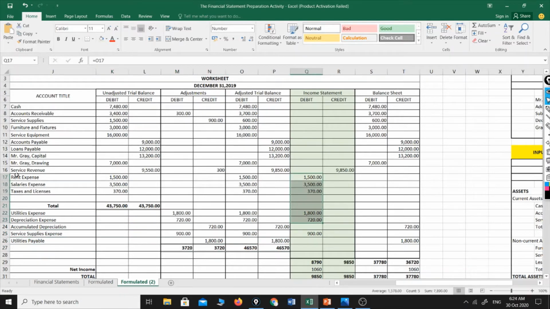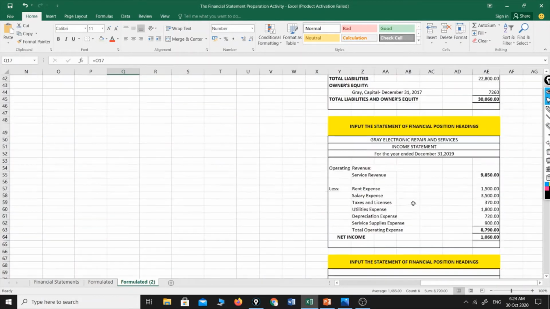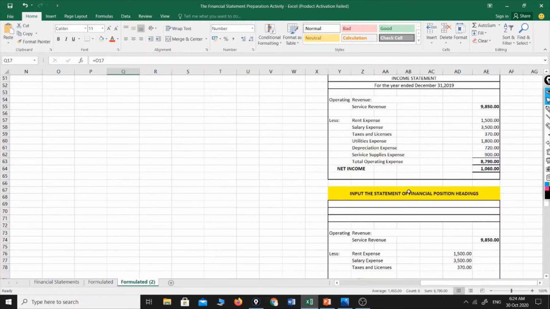So we will just copy the account title and of course its related amount. Okay, so that's what we've made here. Copy all the expense accounts and then their amounts, and then the total operating expenses. So the total for all the expenses is 8,790.